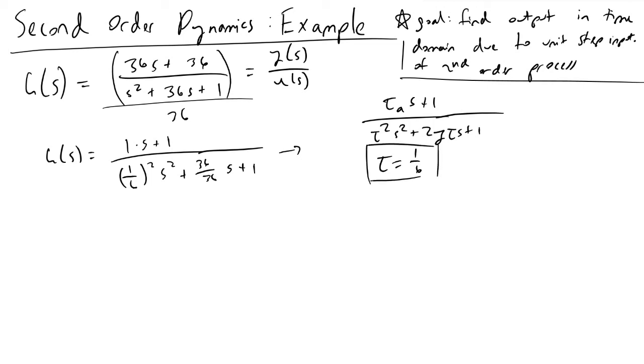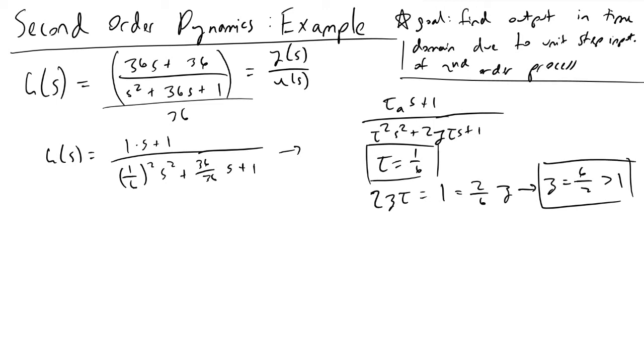We can also see that 2 times zeta times tau is equal to 1, which is equal to 2 over 6 times zeta. And therefore zeta must equal 6 over 2, which is greater than 1.